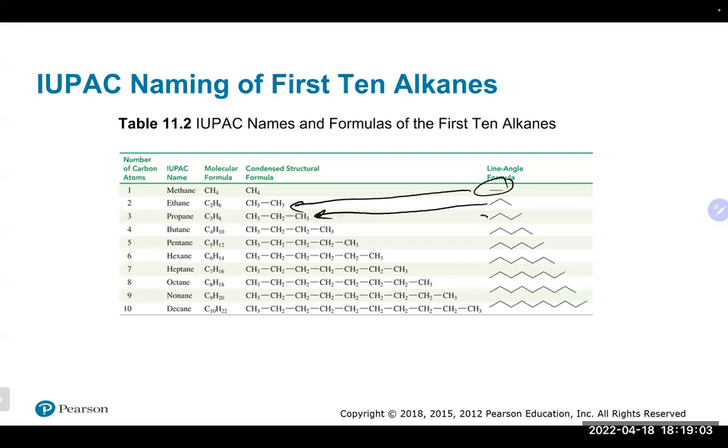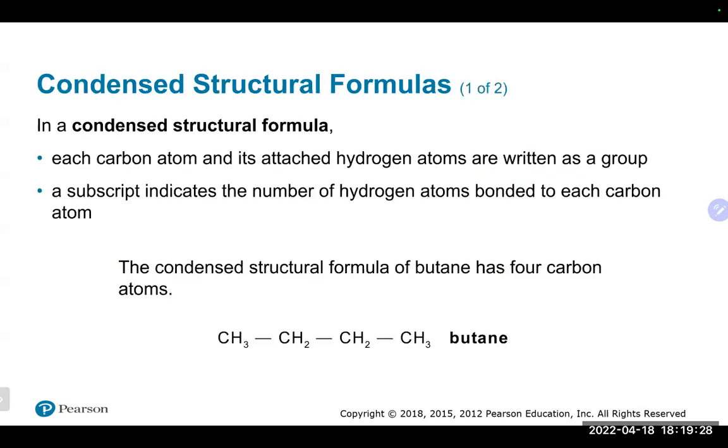There really is no line formula for methane because there's just 1 carbon, so nobody does a line structure for it. But here's the line structure on the right, condensed formula, molecular formula, and then obviously the name. So it's really important to make sure you get a handle on those as soon as possible.